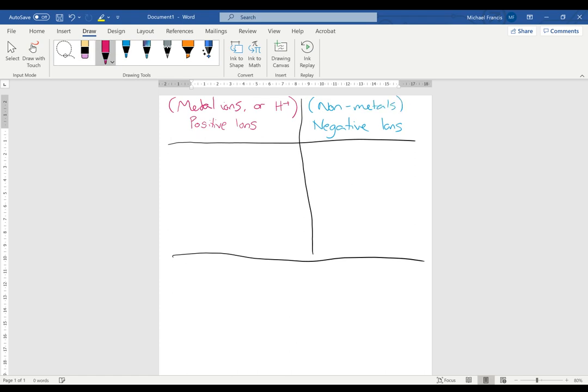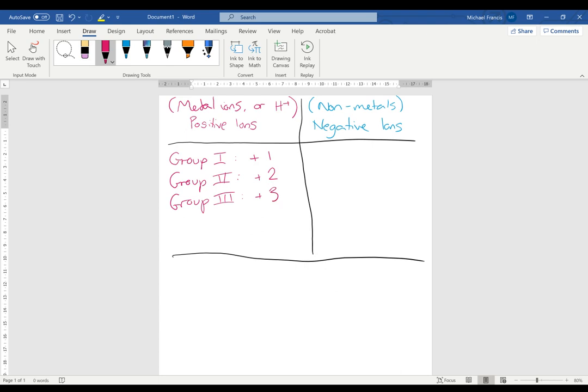And there are predictable patterns. All the metals in group 1 have a charge of +1. All the metals in group 2 have a charge of +2 when they're ions, and all the metal ions in group 3 are going to have a charge of +3.